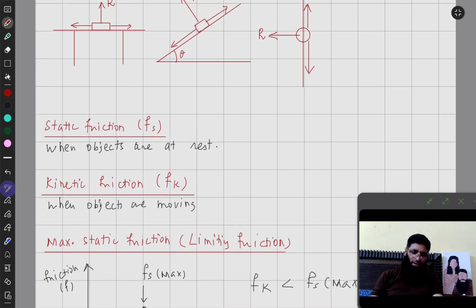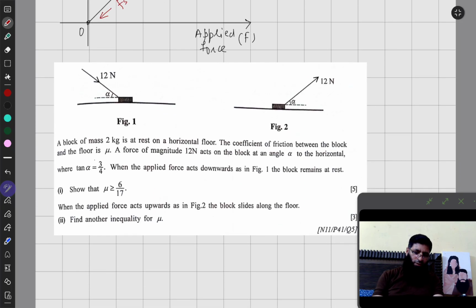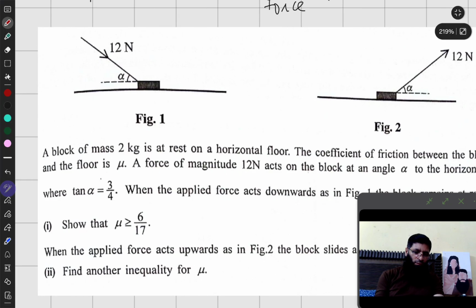So in this diagram, the horizontal component of this 12 Newton force will be 12 cos alpha and the vertical component will be 12 sin alpha.